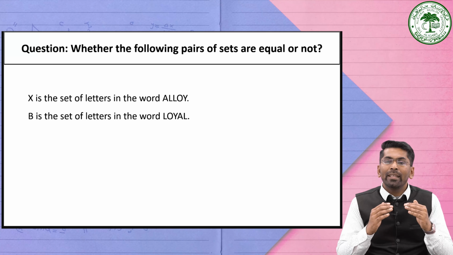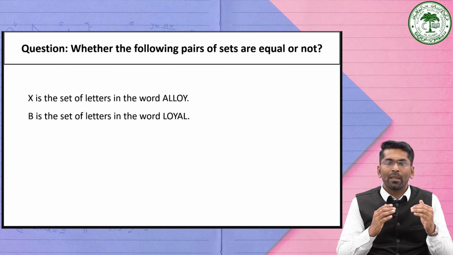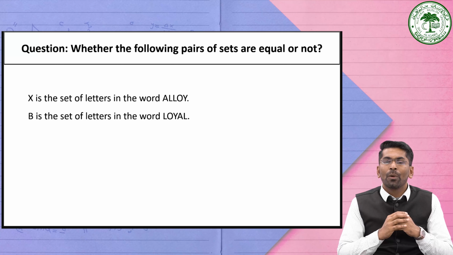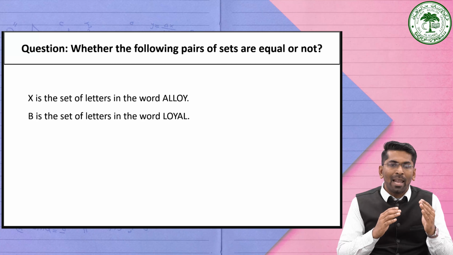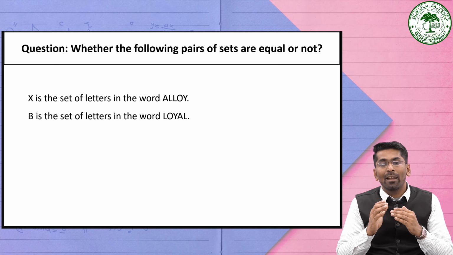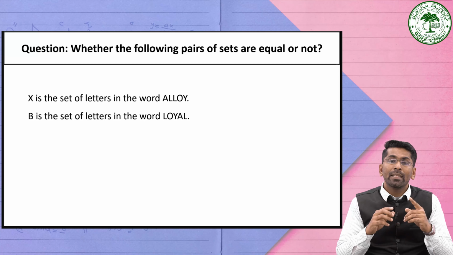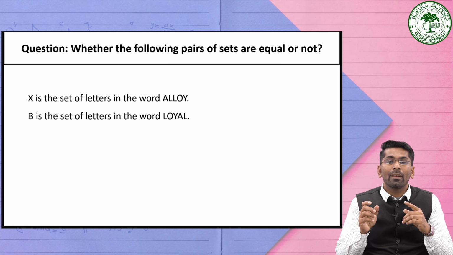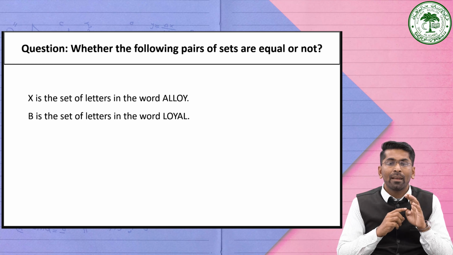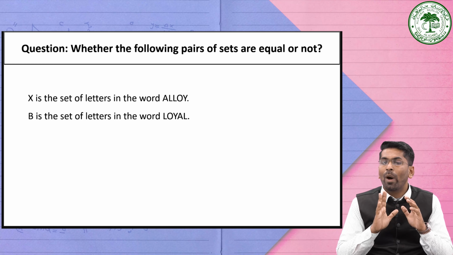If you write these sets in roster form, without considering repetition, we can write the elements of alloy and loyal without considering the order and repetition. The letters in alloy, without considering the repetition, are A-L-O-Y.